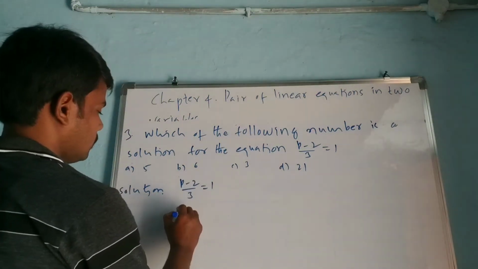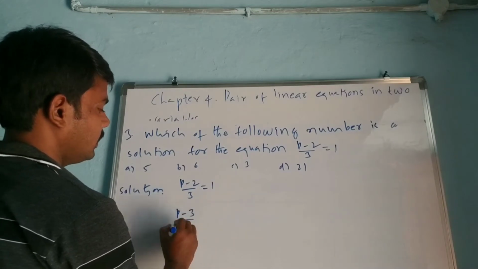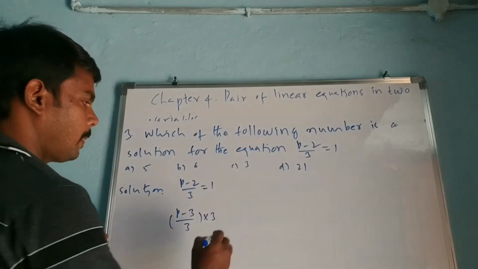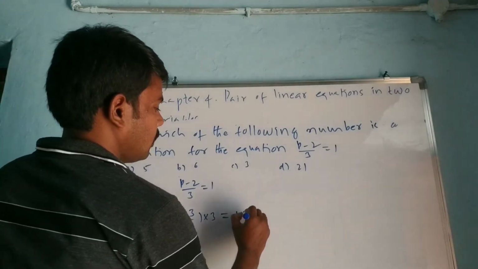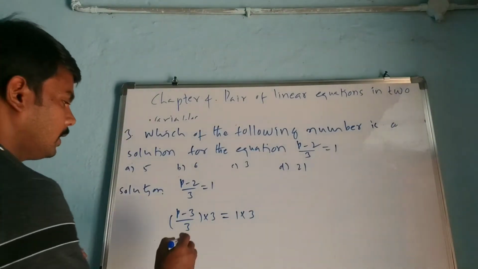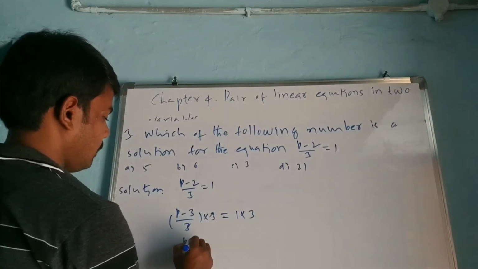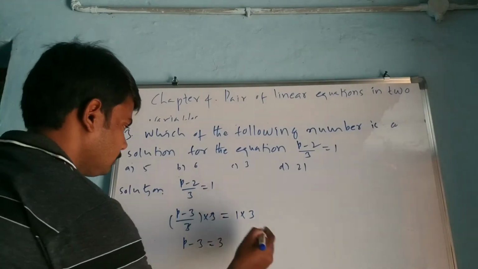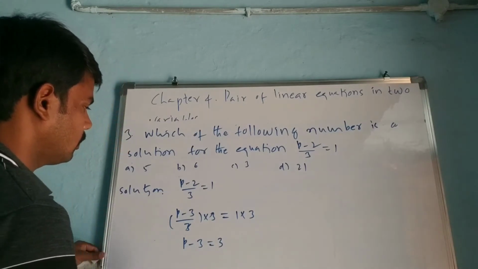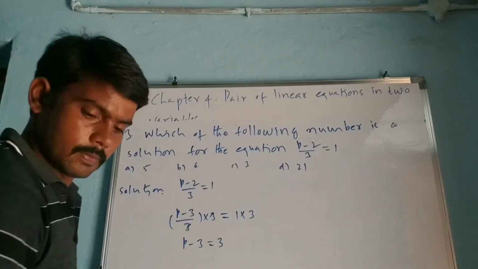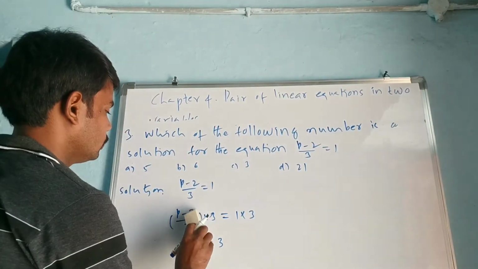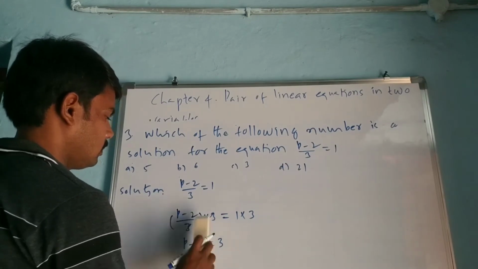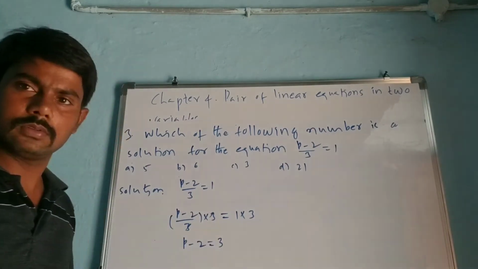The next step is multiplying by 3 on both sides, so the 3 gets cancelled. We get p minus 2 is equal to 3, since 3 ones are 3.